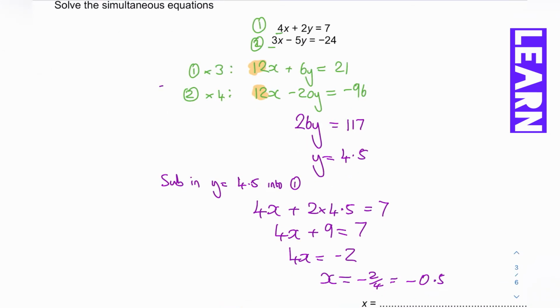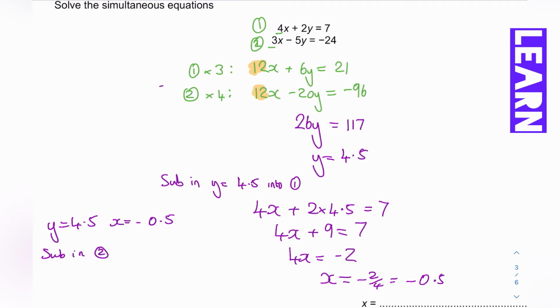And finally, just want to check your answer. So we've got y is 4.5, x is equal to negative 0.5, and now we want to substitute it into the one we didn't use originally. So we're going to sub it in equation 2.